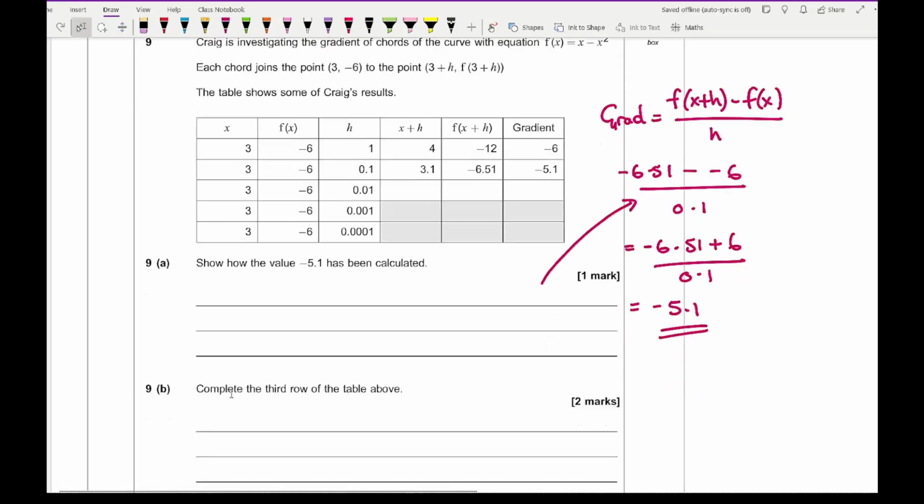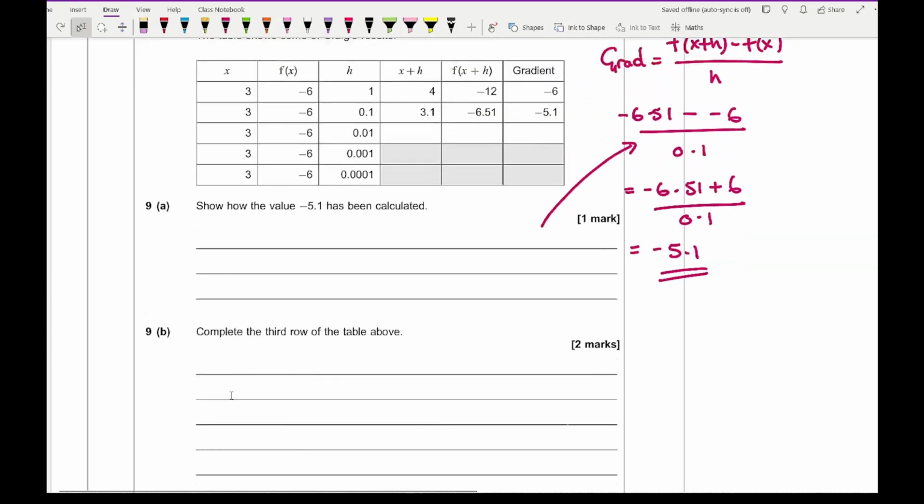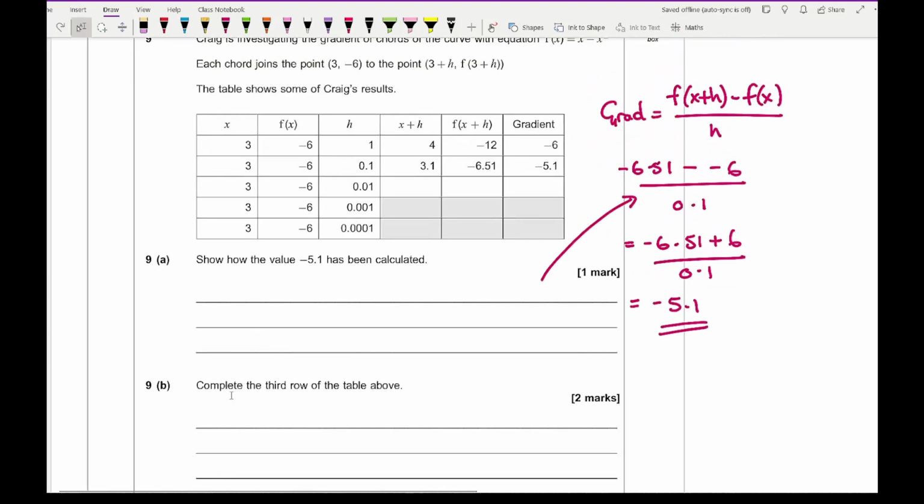Then moving on to question 9b, it says complete the third row of the table. So the third row of the table, well, for this number here, x plus h is basically just going to be 3 plus h, which is 0.01, which gives us a value of 3.01.